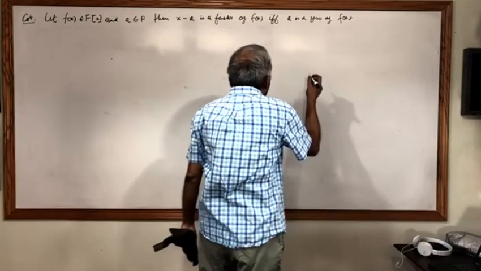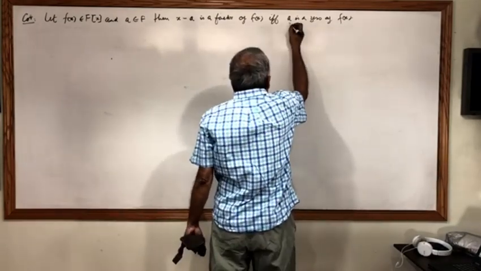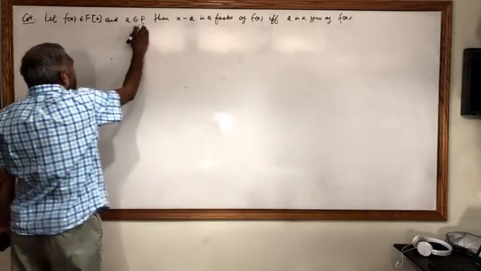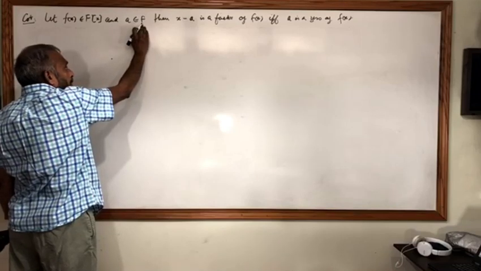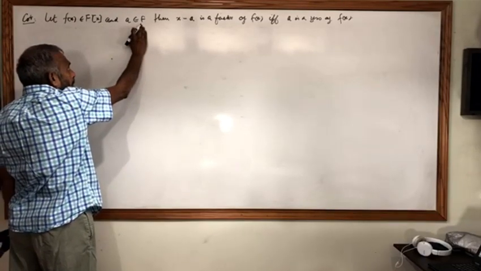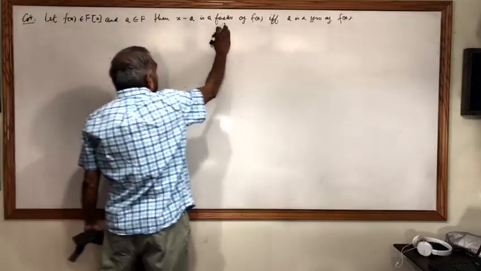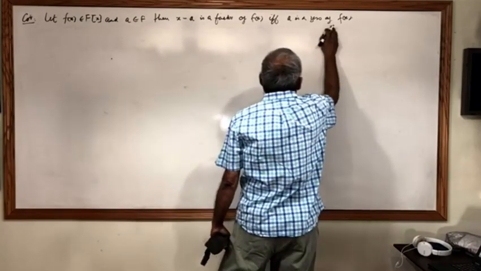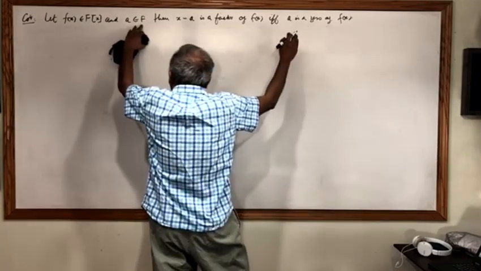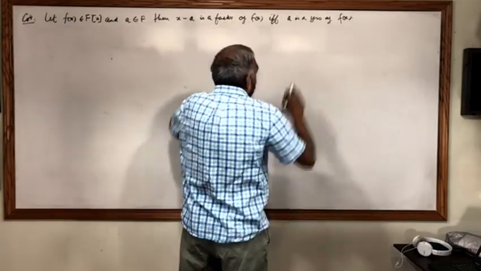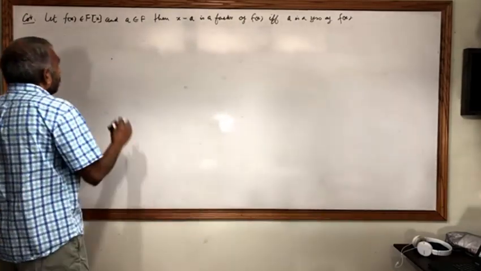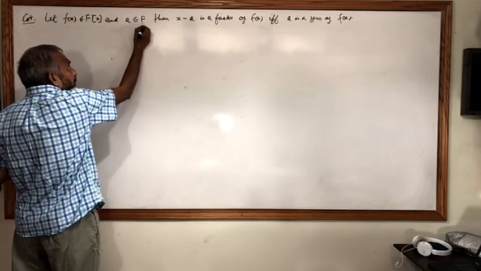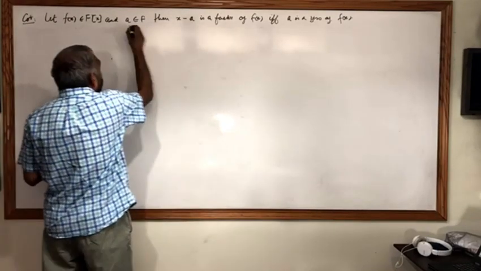See, you have to remember that the 0 of f of x does not need to be in F. It may be in an extension of F. But if it is in F, then this is a factor of f of x. And if a is a 0 and a belongs to F, then x minus a is a factor. This looks very simple, but remember a is in F. Then only this will be a factor, otherwise it won't be a factor.